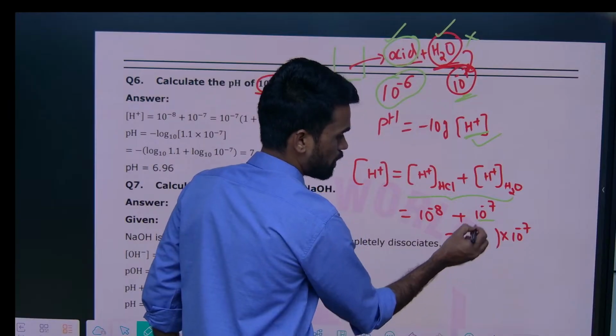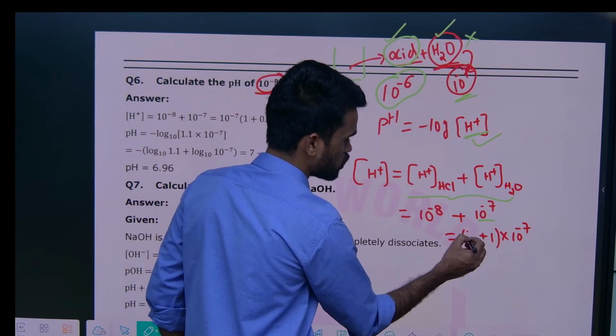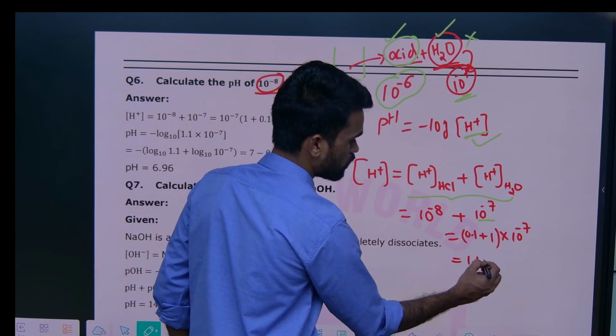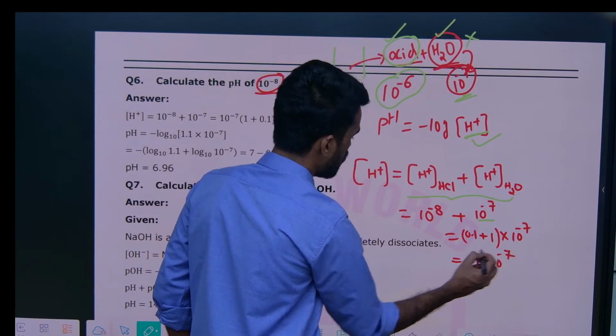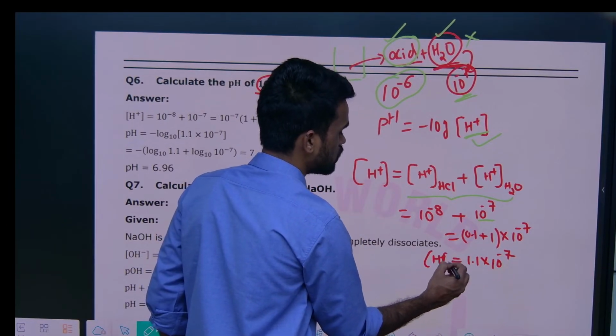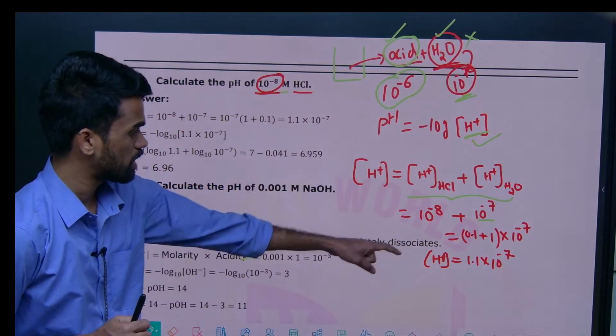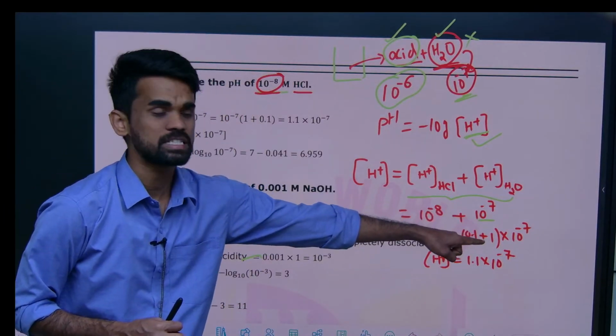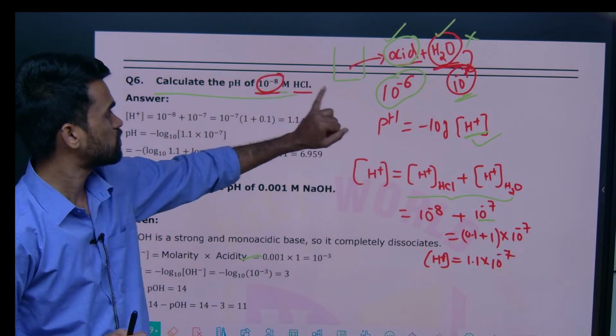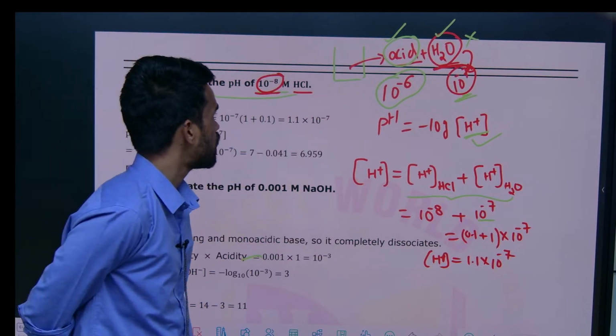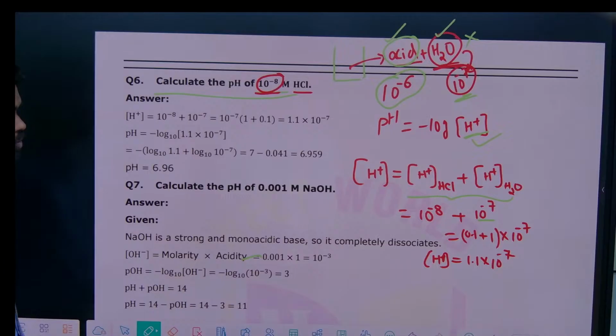In the bracket it will become 1 and this will become 0.1. So 1.1 into 10 power minus 7 is the total H plus ion concentration for this 10 power minus 8 molar HCl solution. Up to here it is clear.